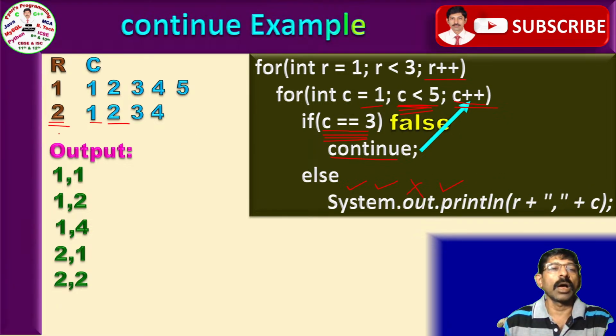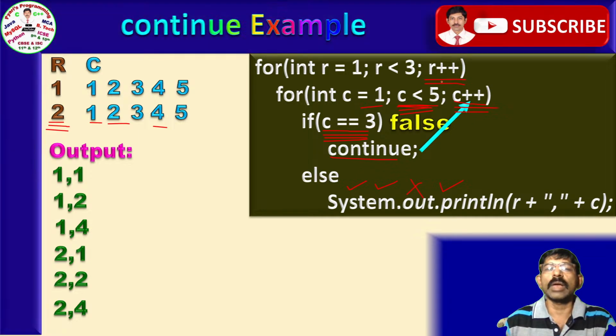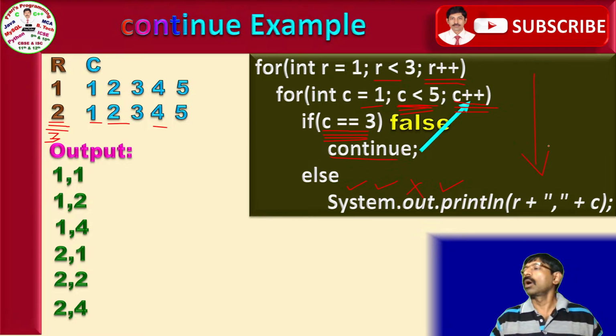Display R, C. R is 2, C is 4. So that's why it will display 2, 4. Next time C++ 5. 5 is less than 5, condition is false. It will move up to R++. R will become 3. 3 is less than 3, condition false. I will come out of this. Understood the dry run?